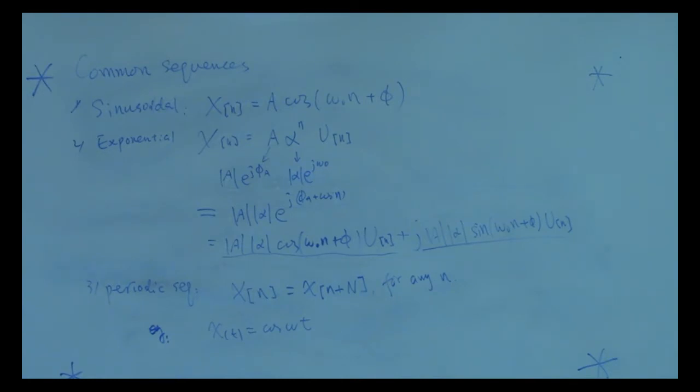Is this periodic? x(t) equals cosine omega t. That's a cosine function. Is this a periodic signal?